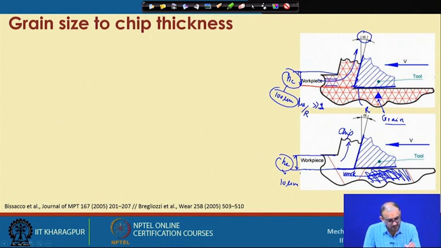You will not encounter the grain boundary, because when you are cutting at a macro scale, you will easily get the boundary by which your grain will be separated out. So you don't need to cut the grain, but here this type of probability is very low, so many times you have to cut the grain.